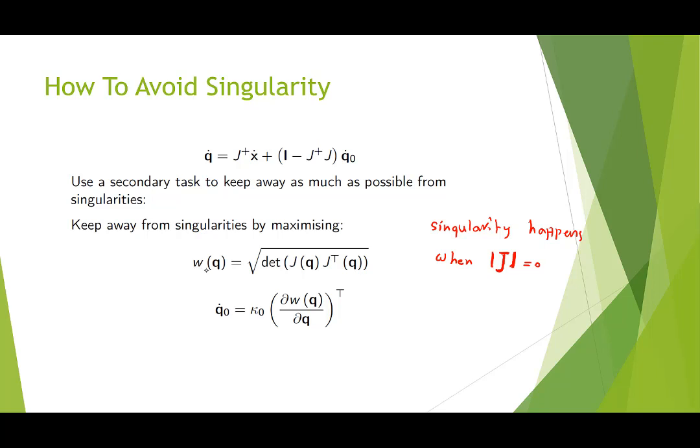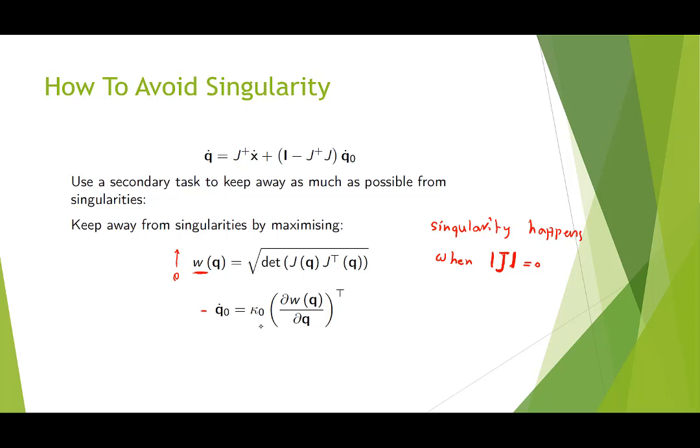We can build this cost function, which I call W, which is the square root of the determinant of J times J transpose. This is essentially like the determinant of J squared. So when this W is maximized and goes far away from 0, then we don't have singularity. Now let's use q dot 0 to maximize this W. How can we do it? Using this equation.